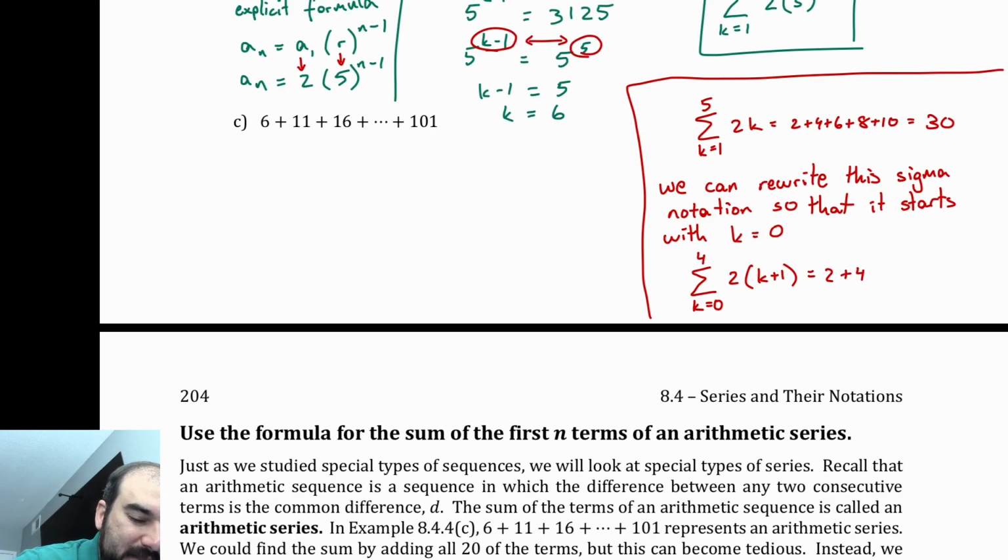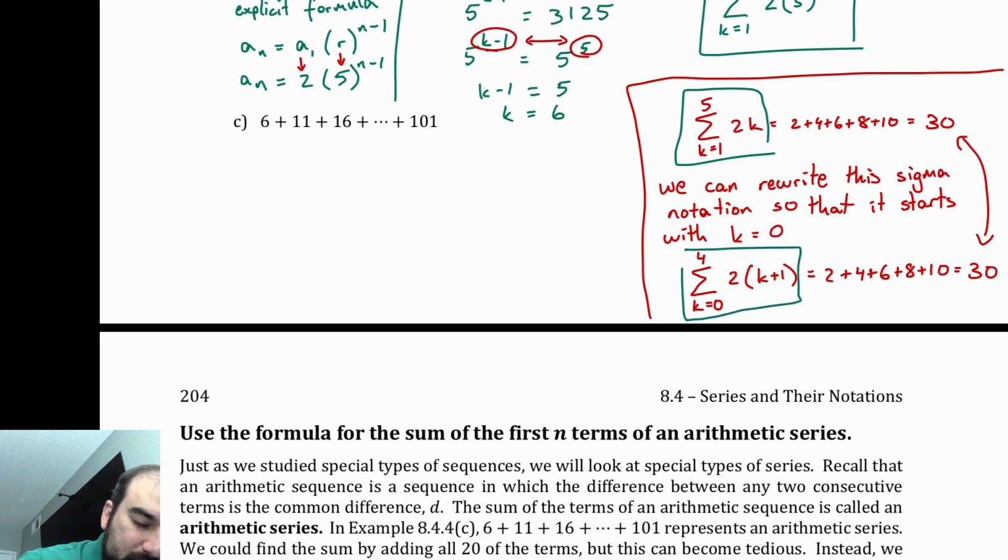So we still get the same exact 2 plus 4 plus 6 plus 8 plus 10, which still gives us 30, which means these two are equal in terms of their actual sum, but they look different. So these two are equivalent series.